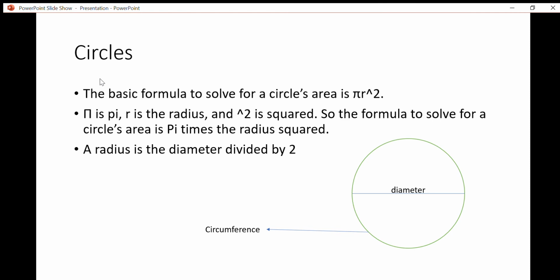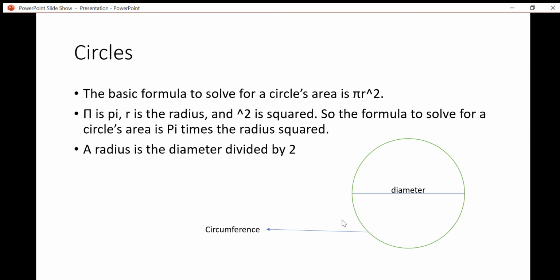Circles. The basic formula to solve for a circle's area is pi r squared. So pi, r is the radius, which is half of the diameter. The diameter is what it takes to get from here to here, or maybe here to here, but it just has to be an equal distance, and there's an infinite number of diameters in a circle.